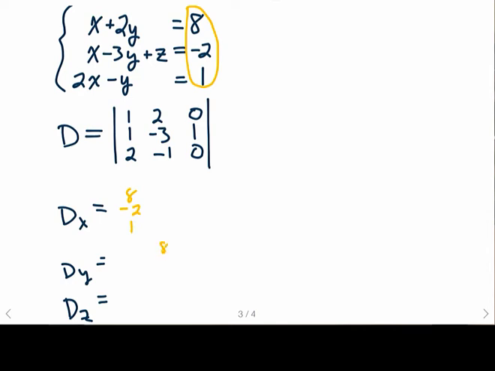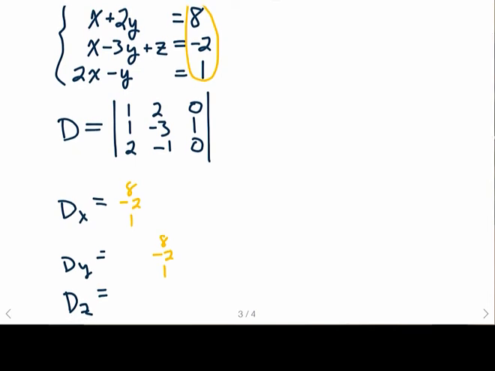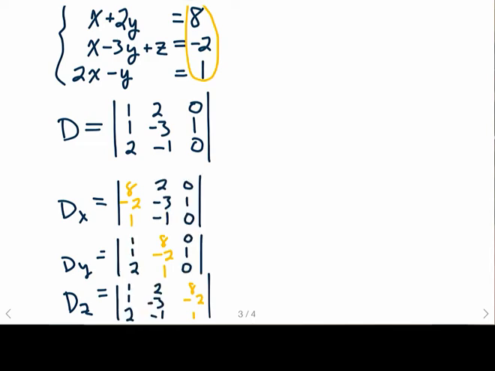For dy, we're going to replace the second column that came from the coefficients of y with those constants. And for dz, we're going to replace the third column, which was the coefficients of z, with those constants. In each case, the other two columns stay the same as what we had with d.